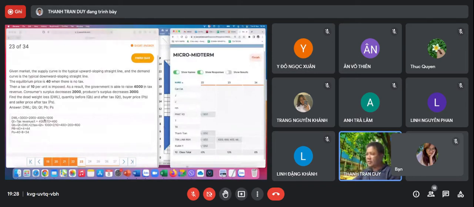The answer should be like this: 600, 400, then 44 and 34. Only Kalaman got the correct answer. Is it easy? In the exam, we have 1 or 2 questions like this, so make sure you know how to do it.